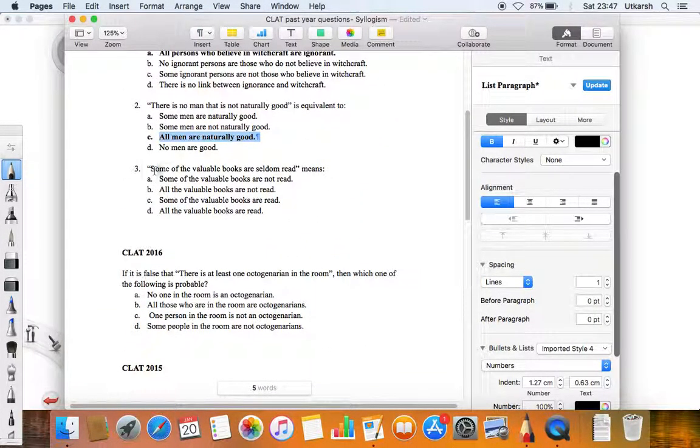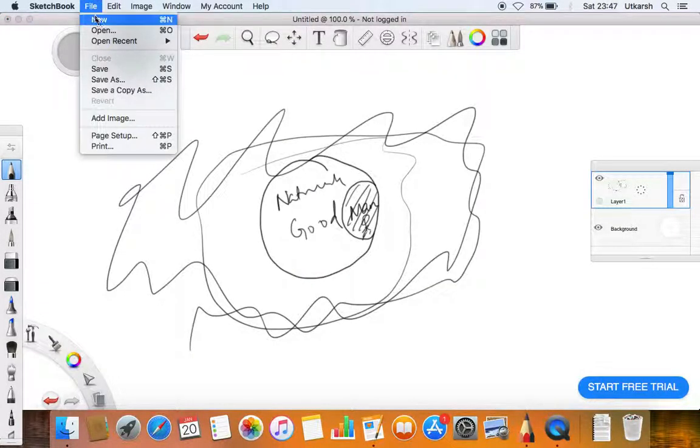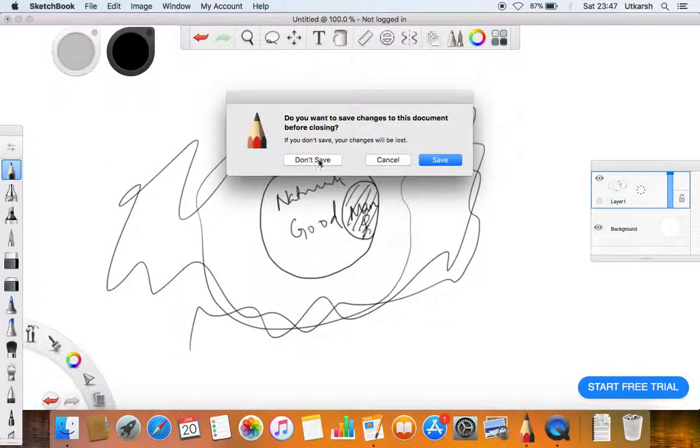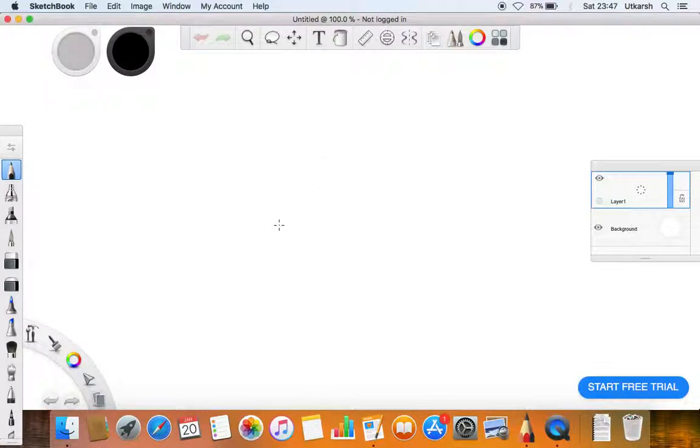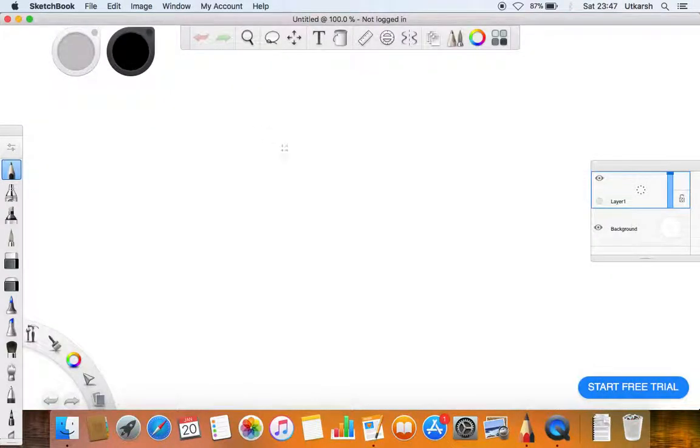Let's quickly move on. Some of the valuable books are seldom read. Okay, this is slightly interesting. Why am I saying it's interesting? Let's just find out. Because this will give us a slightly different Venn diagram. Some of the valuable books. Alright. This is books. Right.